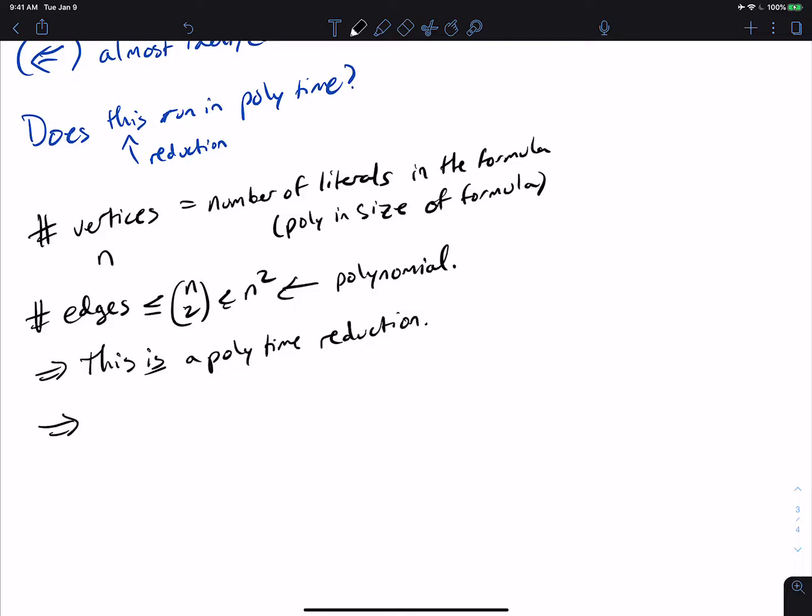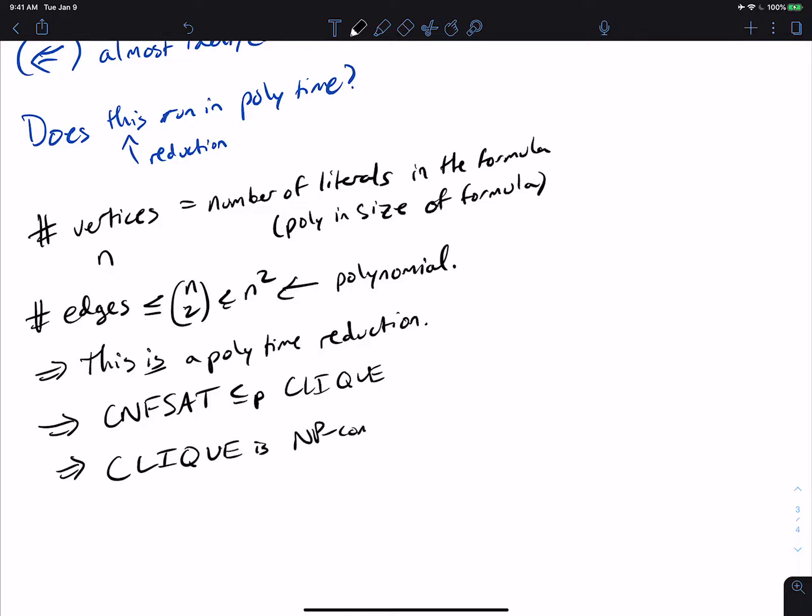And therefore, CNF sat reduces polynomially to Clique. And this implies that Clique is NP hard, and so therefore Clique is NP complete. Cool.